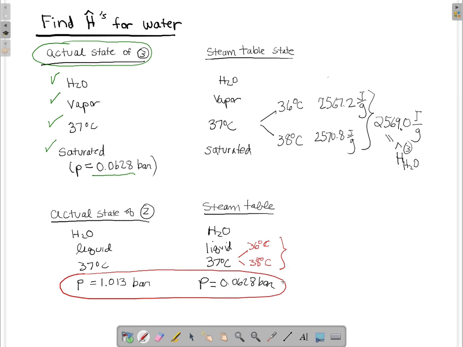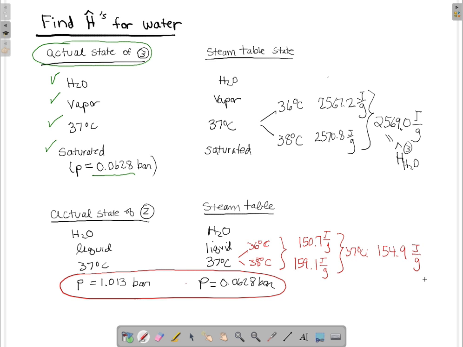Let's start with this. If you look in the table, we have 150.7 joules per gram and 159.1 joules per gram. So if you interpolate at 37 degrees C, it's going to be 154.9 joules per gram.